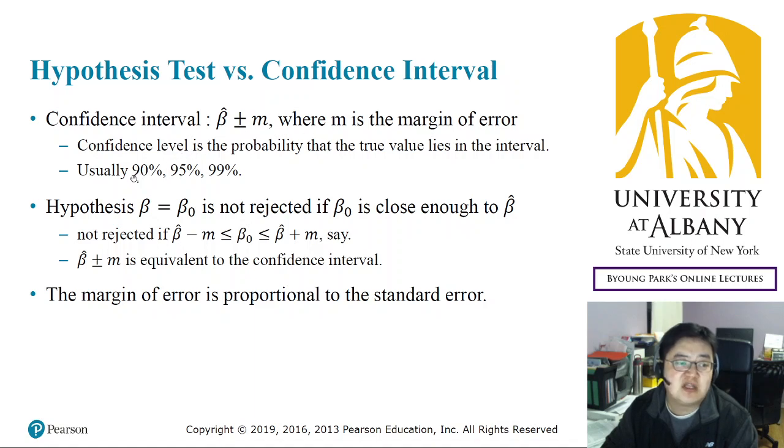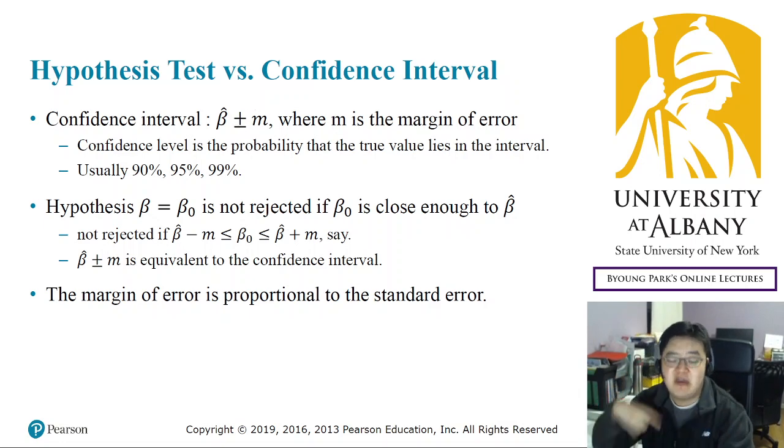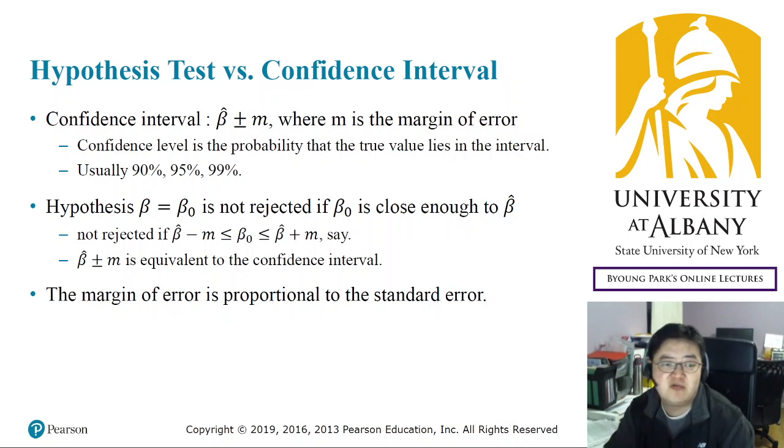Usually it is 90%, 95%, or 99%. The standard is 95%, which corresponds to the significance level of 5%. In this case, the true value will be in this interval with 95% probability. So if you conduct estimation repeatedly, you get it wrong only once in 20 times.